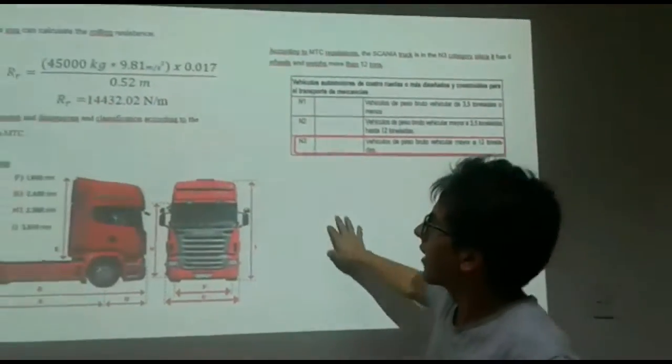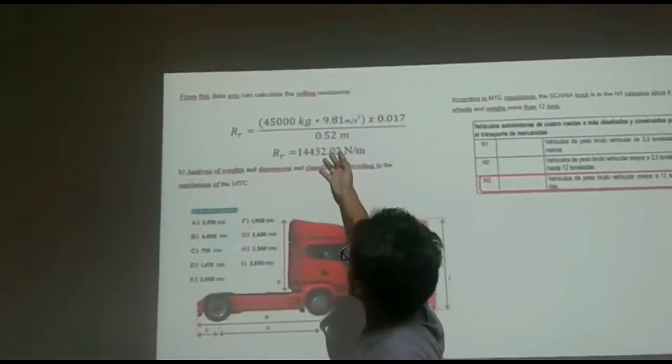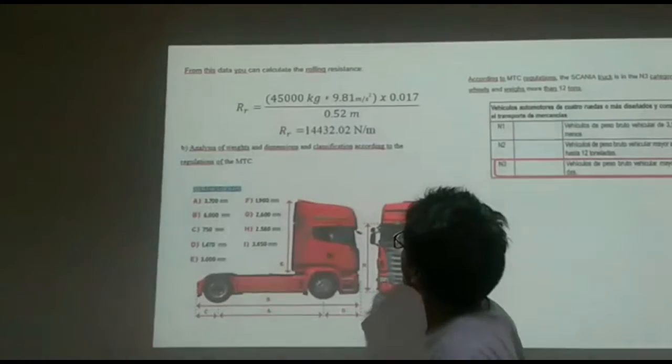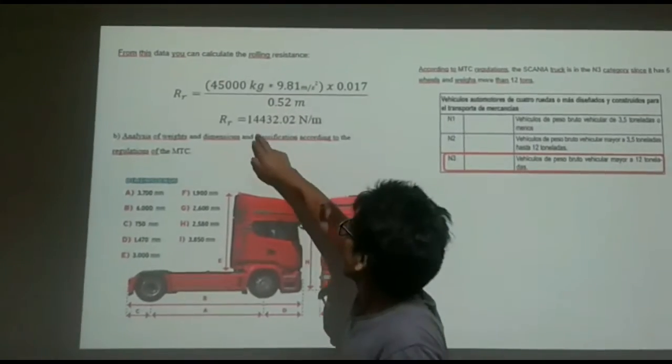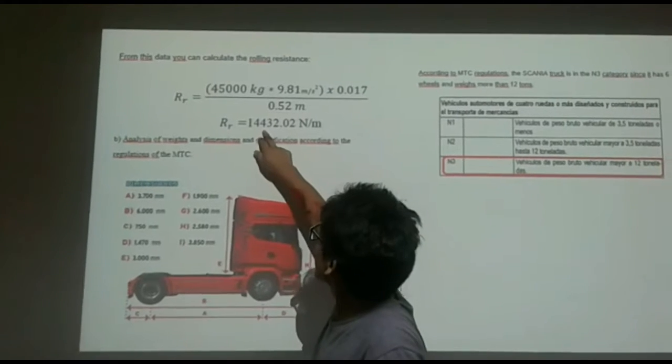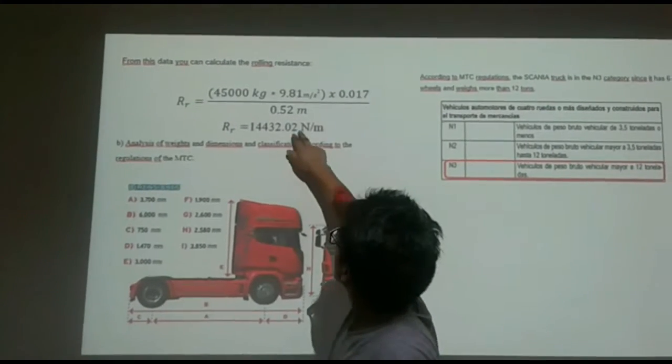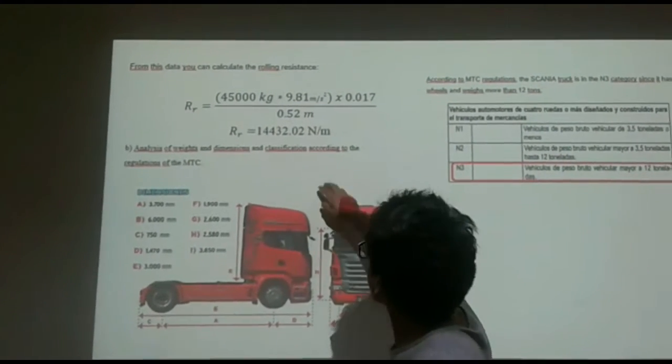Well, from this data, we can calculate the rolling resistance. So, calculating all this is 40,432.02 newton meters.